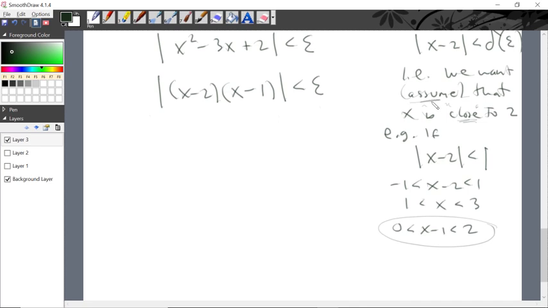By this assumption of closeness to 2, where we chose that closeness to be no more than 1, that resulted in the factor x minus 1, in this case being bounded between 0 and 2. This could have been a negative number, they could have been both positive, whatever.